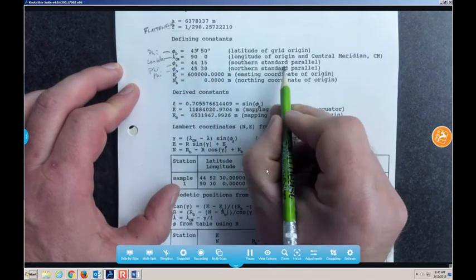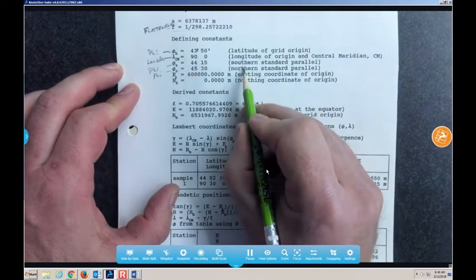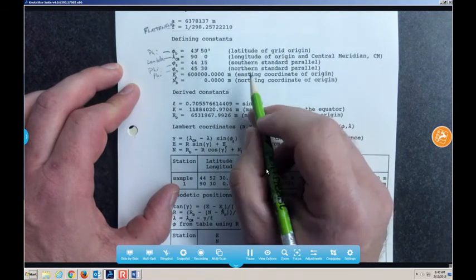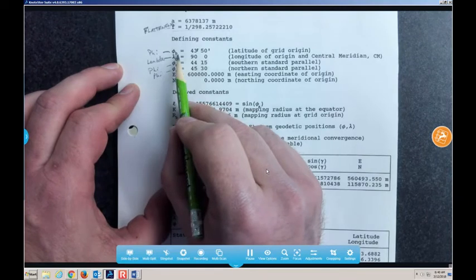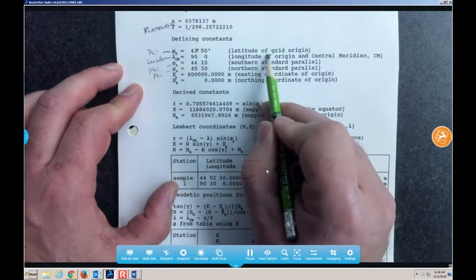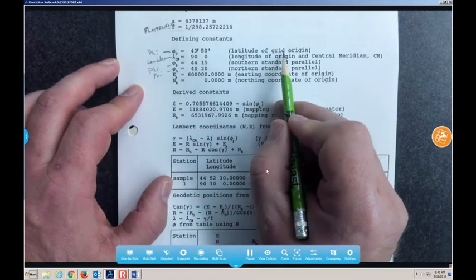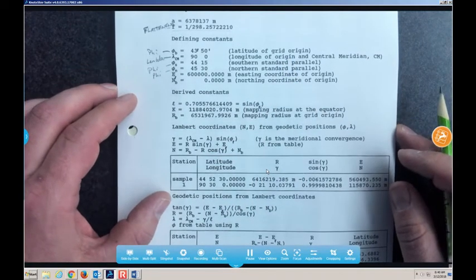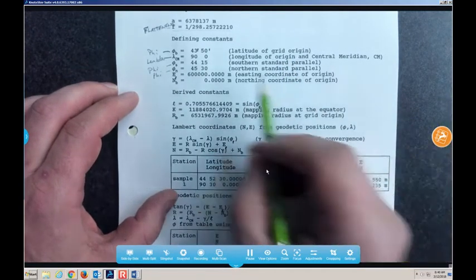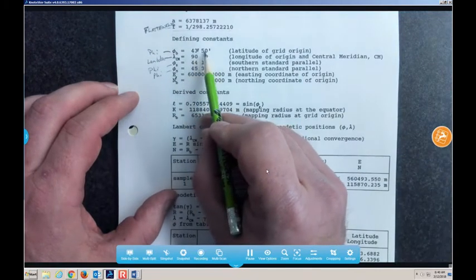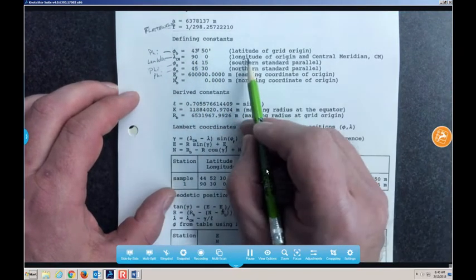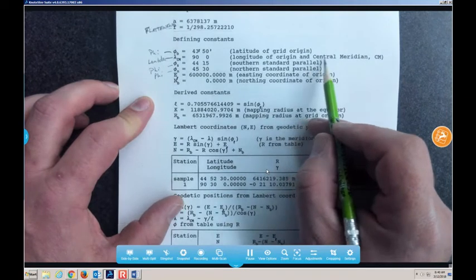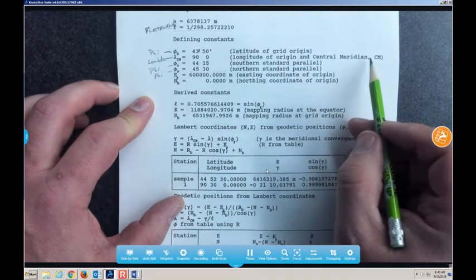Okay, it tells you what they are: the extents of the parallels, the standard parallels for the coordinate system. So phi sub b is the latitude of the grid origin. That's where the grid system's origin is coming from for the central zone. It is 45 degrees, 50 minutes. The longitude of the origin and the central meridian, which we just talked about on that map, is 90 degrees.